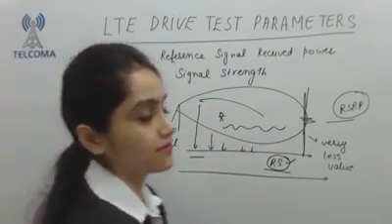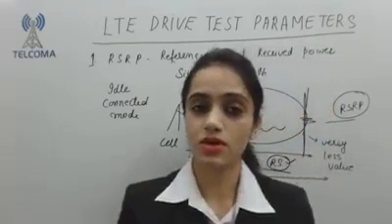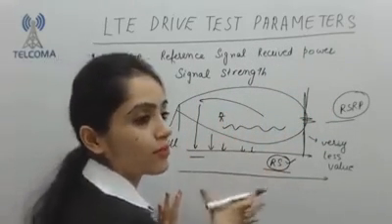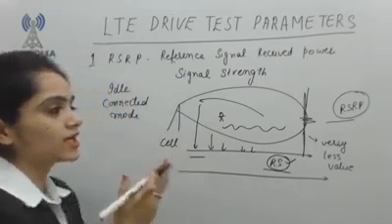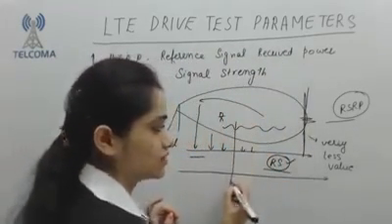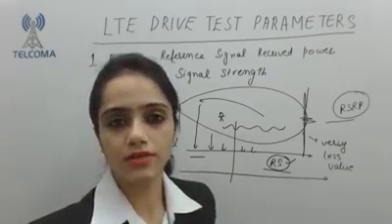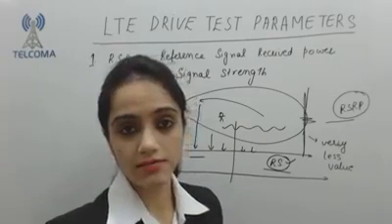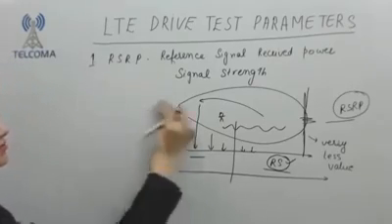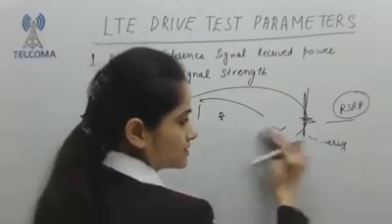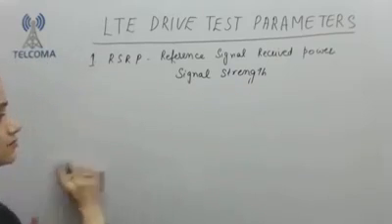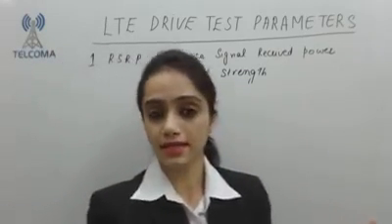If the RSRP value is not there, then there is no coverage. So it should be in the proper range. If we are not getting proper RSRP values near the site, we require to optimize the network.